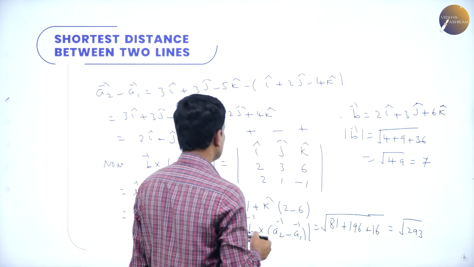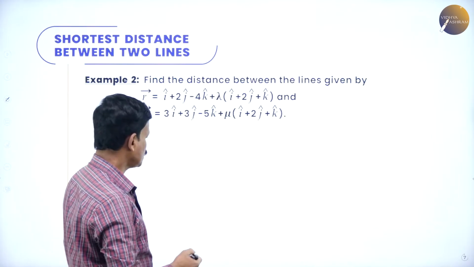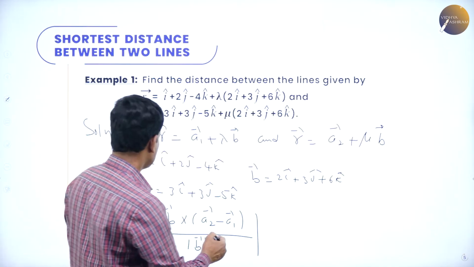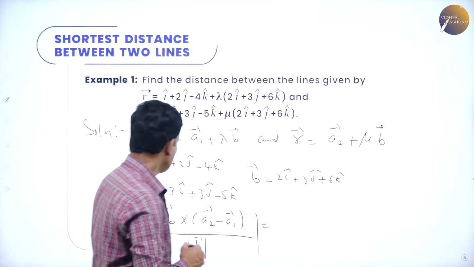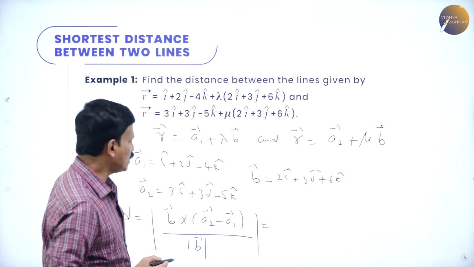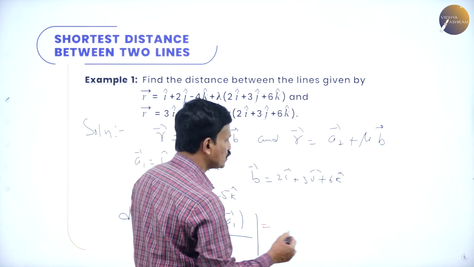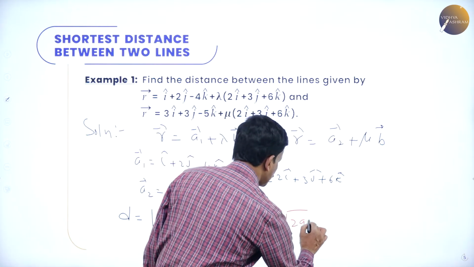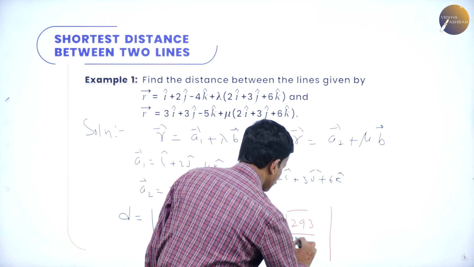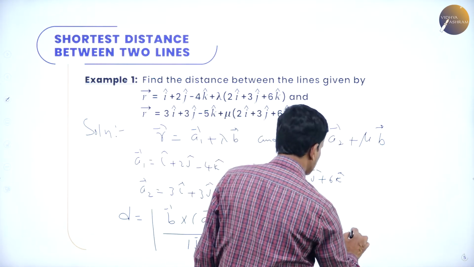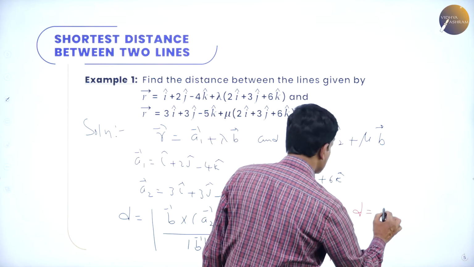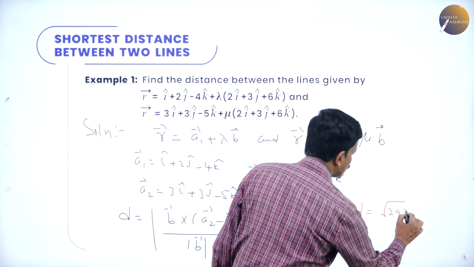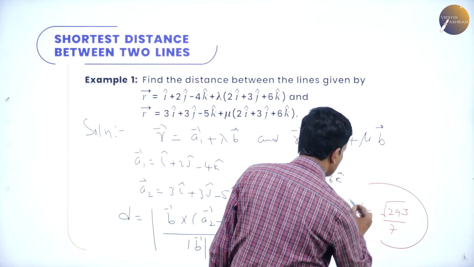So therefore the distance is given by, what is the formula for the distance? Distance D is equal to length of B cross A2 minus A1, which is square root of 293, divided by 7. Which implies the distance is square root of 293 divided by 7.